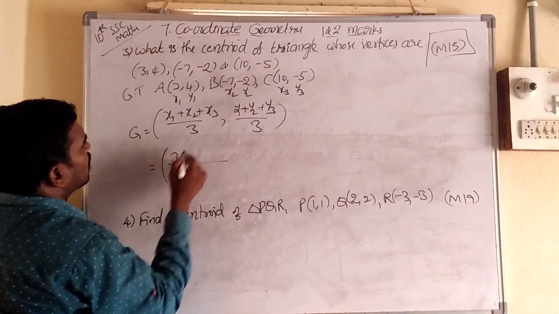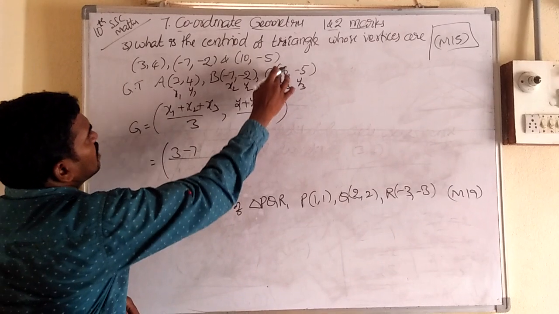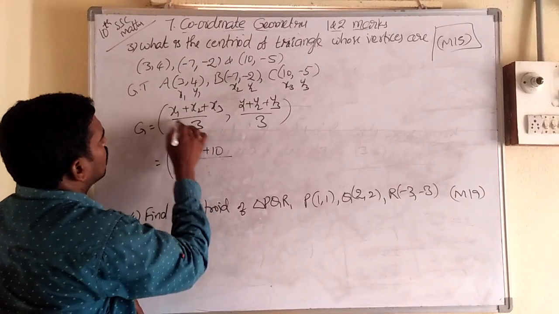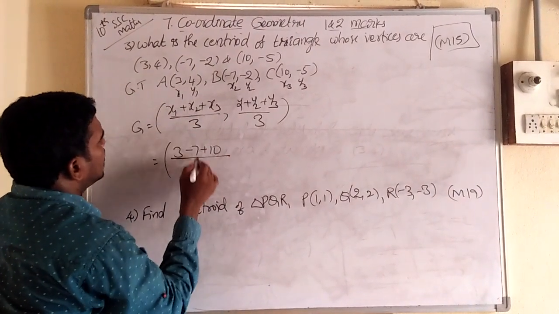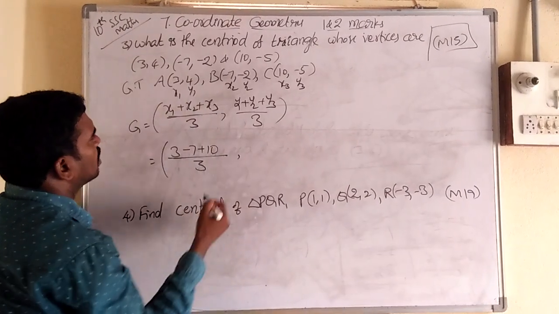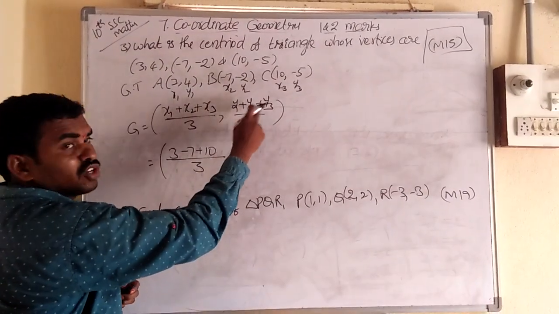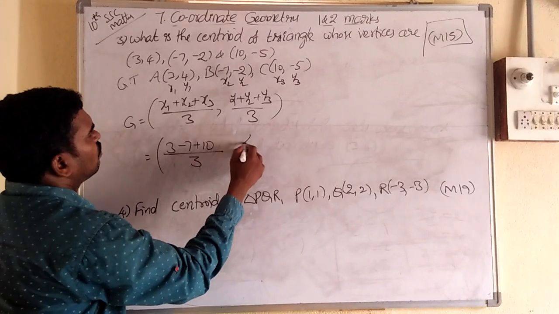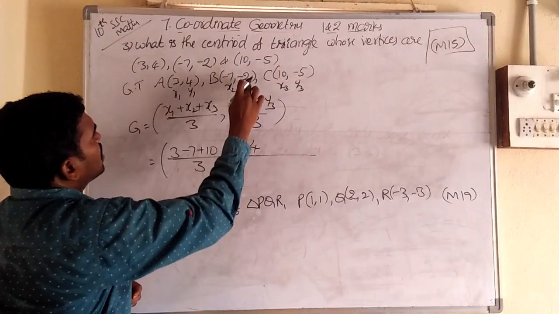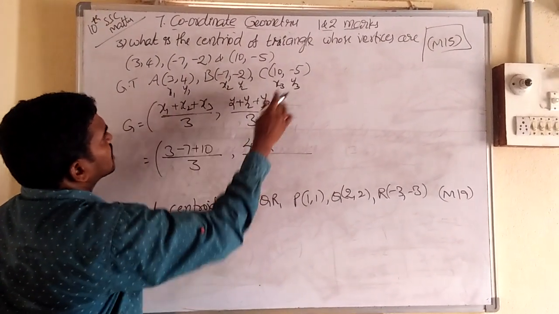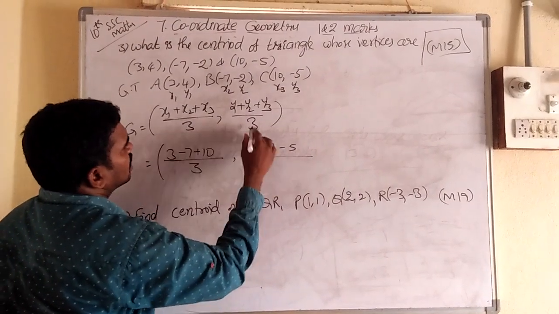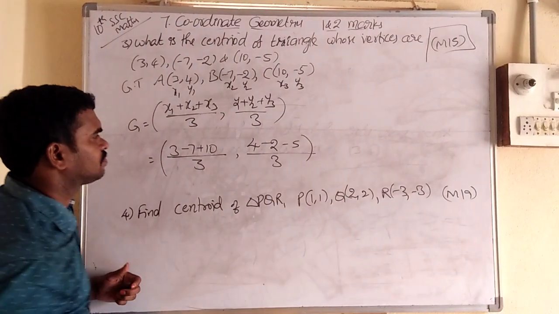What is x2? Minus 7. What is x3? Plus 10, by 3. Next, y1 plus y2 plus y3. What is y1? 4. Next y2 is minus 2. Next y3 is minus 5.